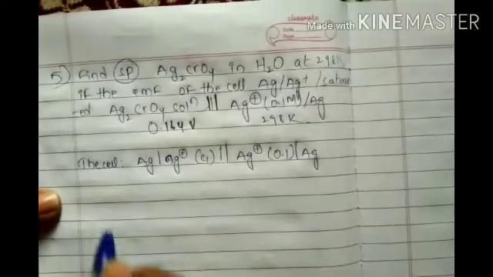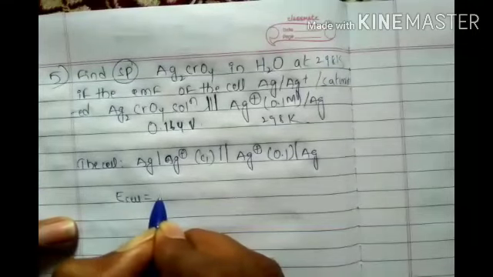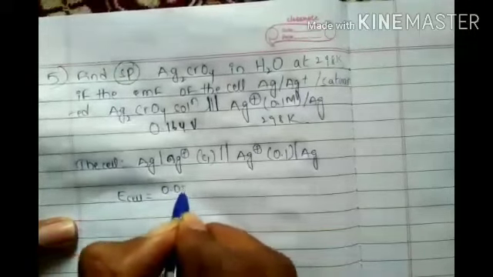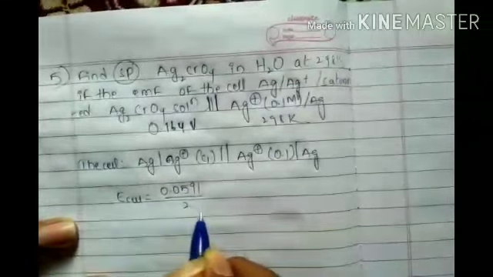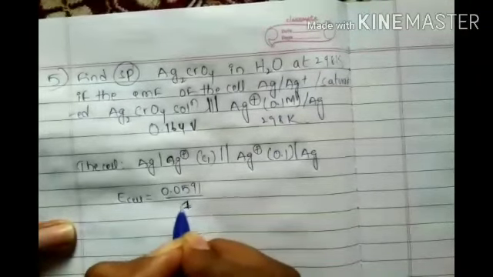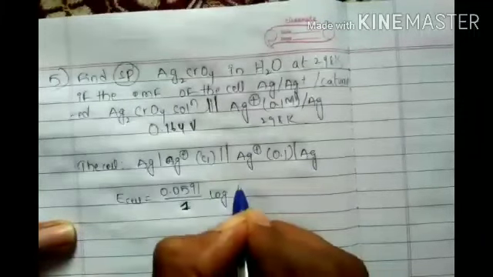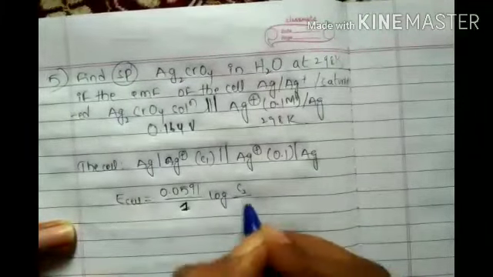So first E cell equals 0.0591 by 1, because here only 1 electron comes, log C2 by C1.